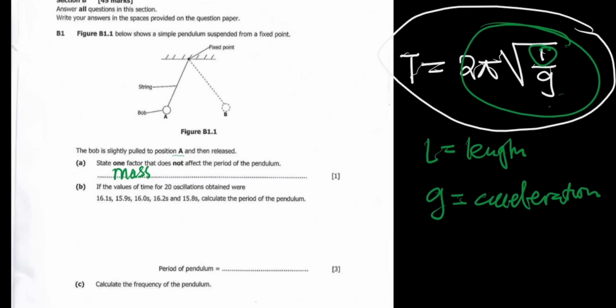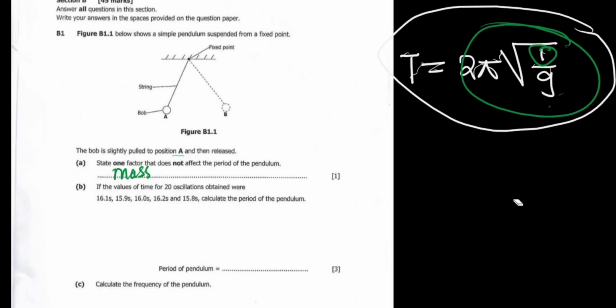Now, remember that when we are talking about the period of the pendulum, we are simply talking about the time it takes to make one complete oscillation. So, since we have these values, the first thing that we need to understand is we can actually find the average of the time that we have.